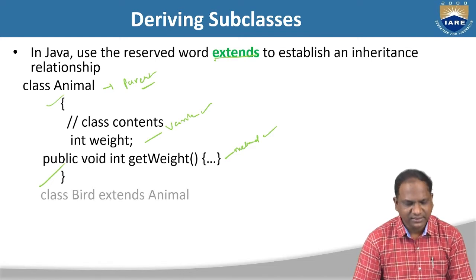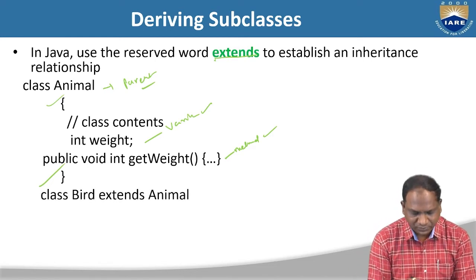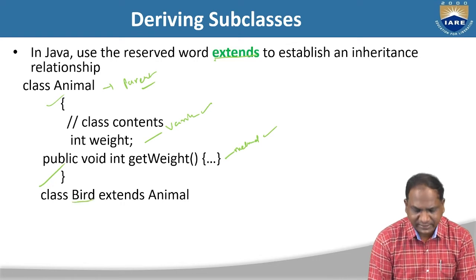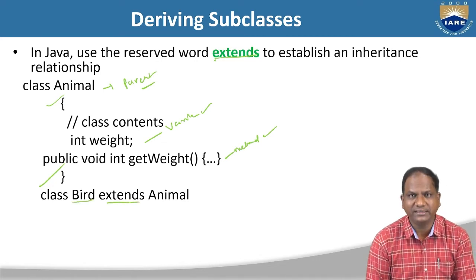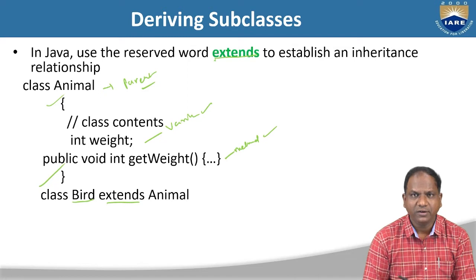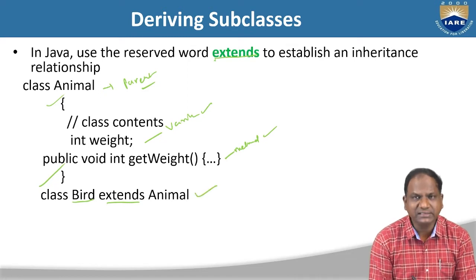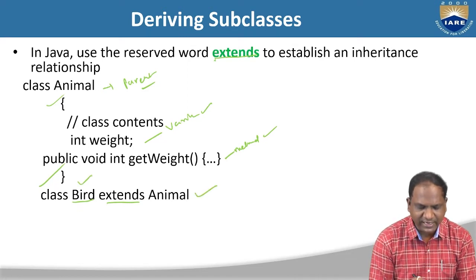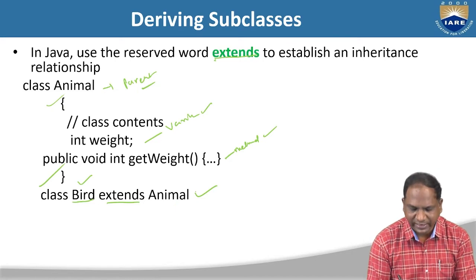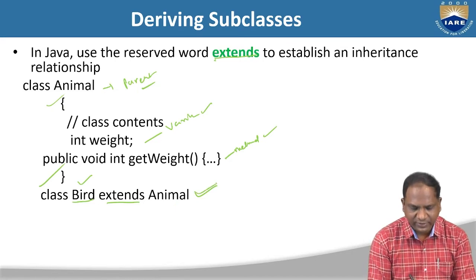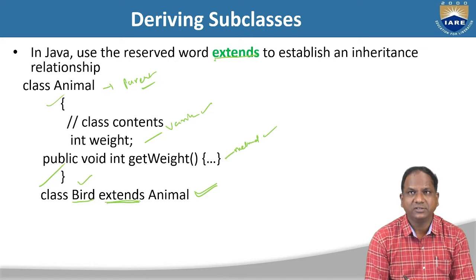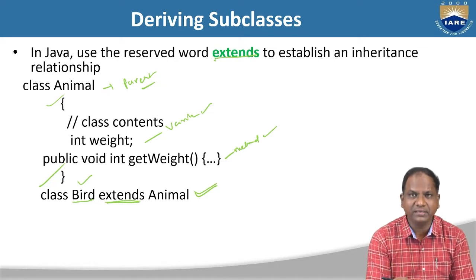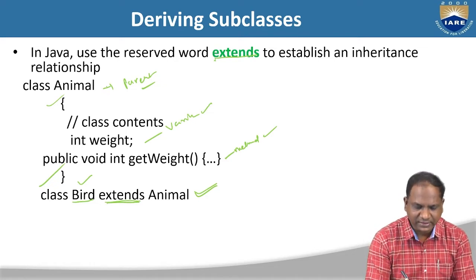So what is the syntax? See here: class Bird extends Animal. Extends is a keyword used to extend the properties from the parent to the child. So extends comes after the name of the child and before the name of the parent. When you use the keyword extends, it will inherit the members of the Animal class, weight as well as getWeight, into the Bird class.